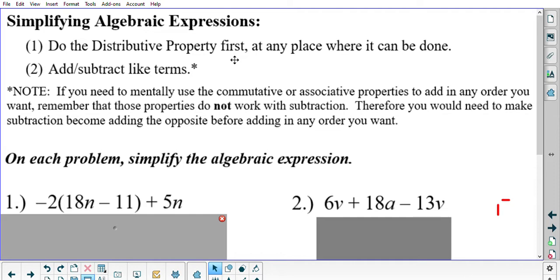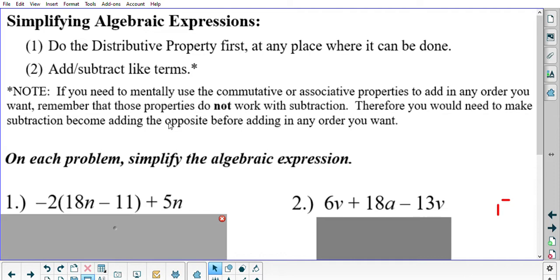Next, after you finish the distributive property, then the second and final thing that you do is you add or subtract like terms together. Now I have an asterisk here. Follow along. Note, if you need to mentally use the commutative or associative properties to add in any order that you want, remember that's what those properties do, remember that those properties do not work with subtraction.